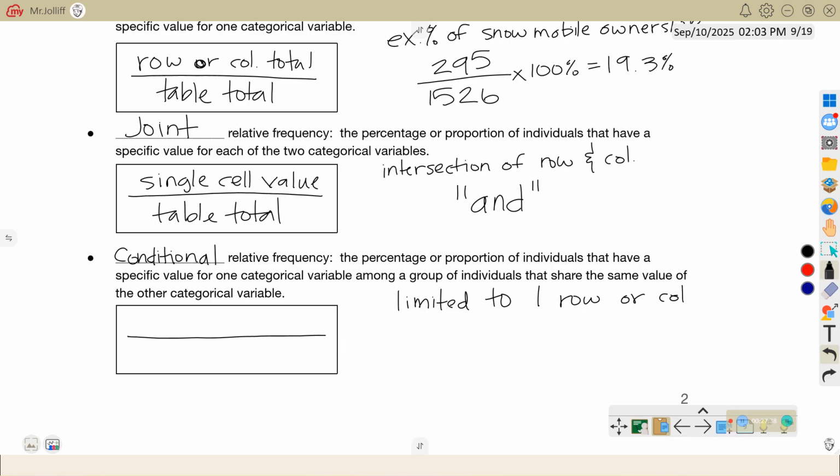So conditional relative frequencies are going to be a single cell value, one box in the table, divided by the row or the column total, whatever I'm limited to.